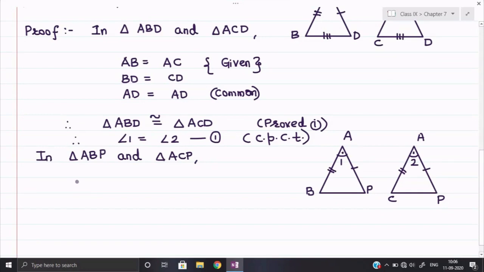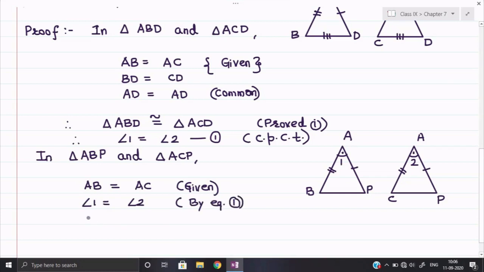Okay, so first we shall write down here AB is equal to AC, that is with the help of given. Second thing, angle 1 is equal to angle 2, that is by equation 1.